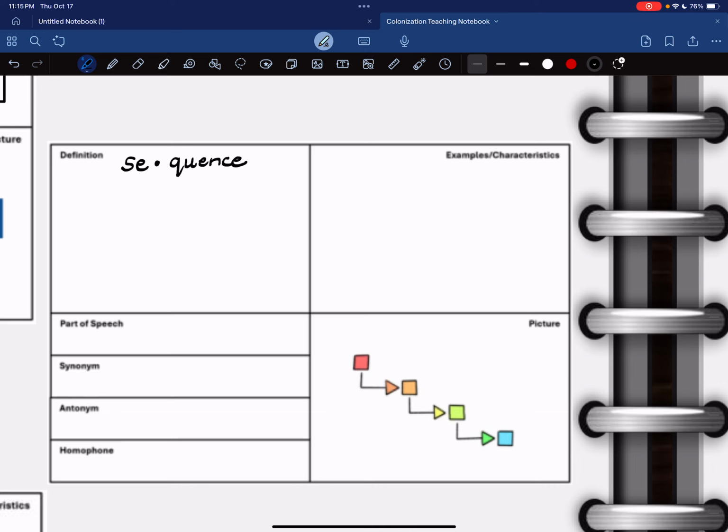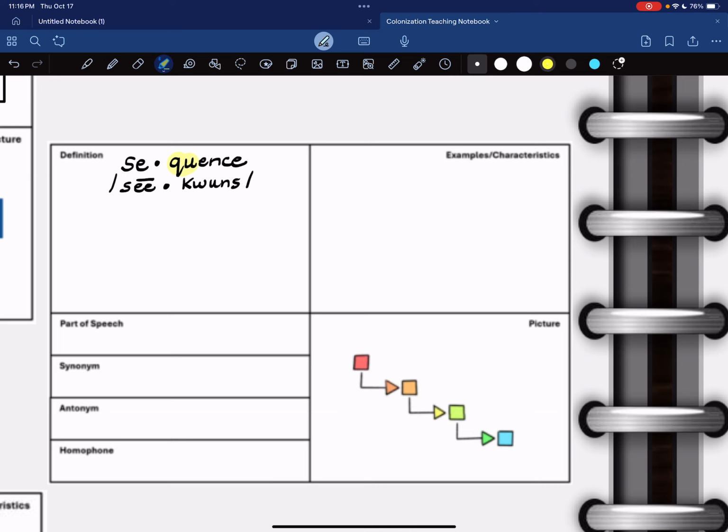This is pronounced C. Quince. Sequence. In English words, QU counts as one sound.